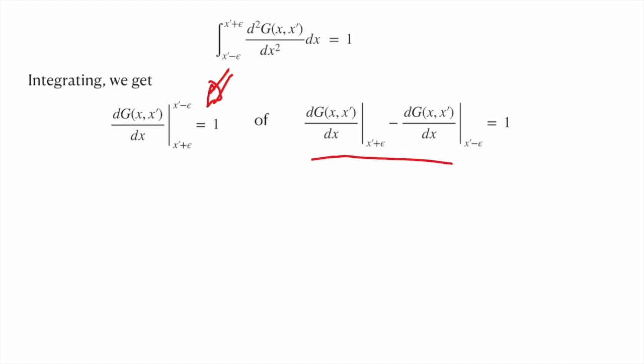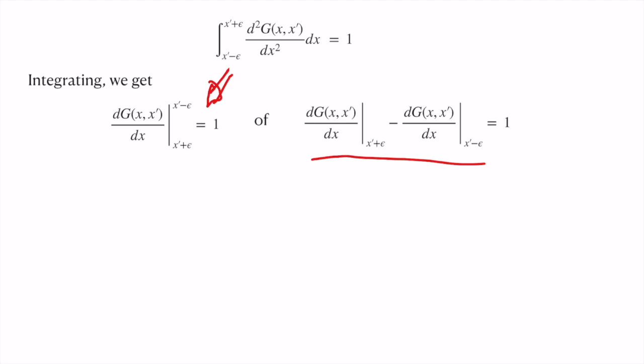Now once we explicitly write down this limit, what we have is the derivative evaluated at x prime plus epsilon minus the derivative of the Green's function evaluated at x prime minus epsilon, in the limit epsilon tends to 0.